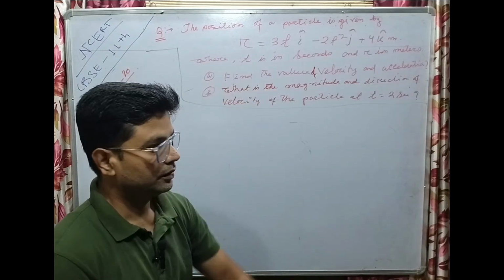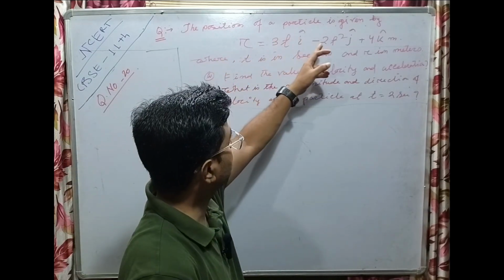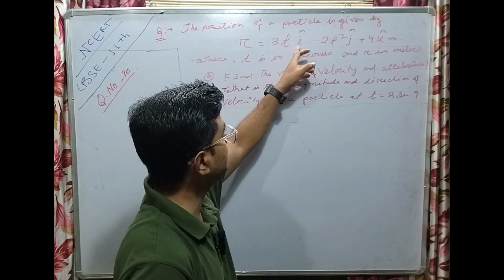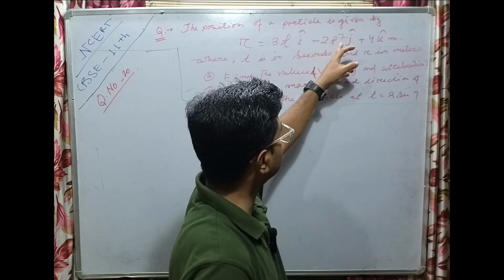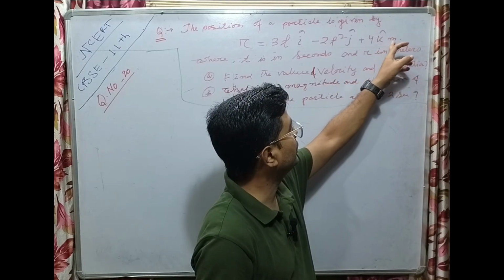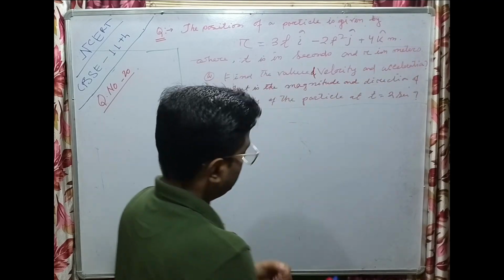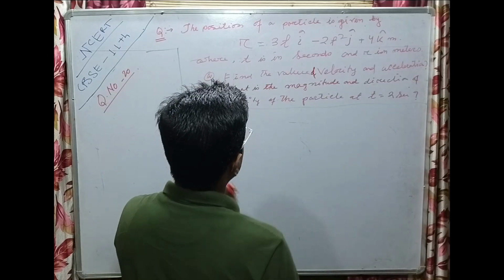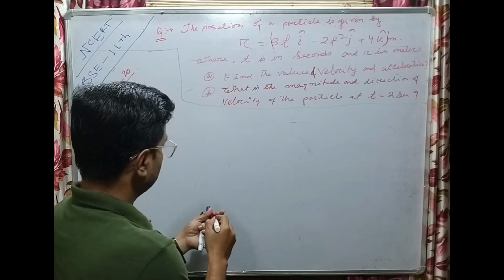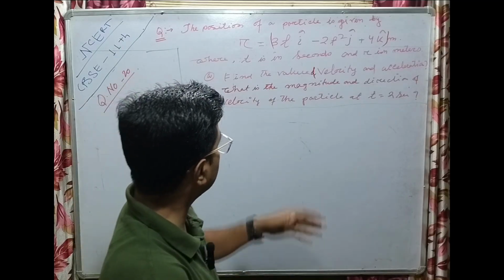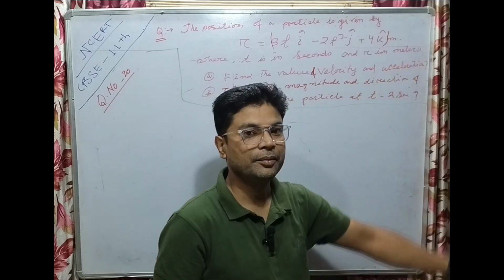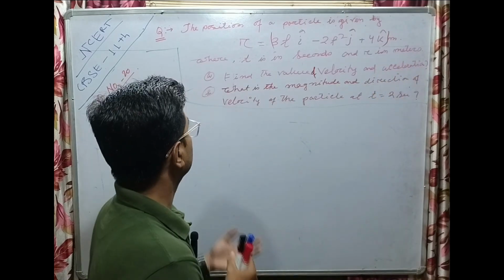The question is: the position of a particle is given by r equals 3t i cap minus 2t square j cap plus 4 k cap in meters, where t is in seconds and r is in meters. Clear, students?